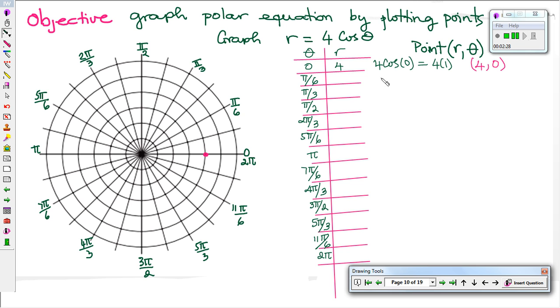Next, at pi over 6, we do 4 times cosine of pi over 6. So it will be 4 times square root of 3 over 2, which gives us about 3.46. So I'm going to plot the point 3.46, pi over 6.